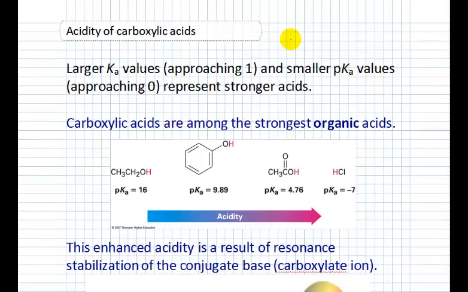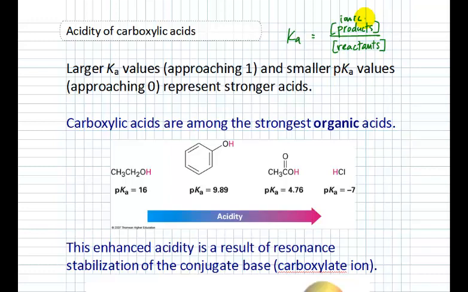So remember that Ka is a ratio of products over reactants. And when we're talking acid, we're talking ionic or ionized products versus the molecular reactant.